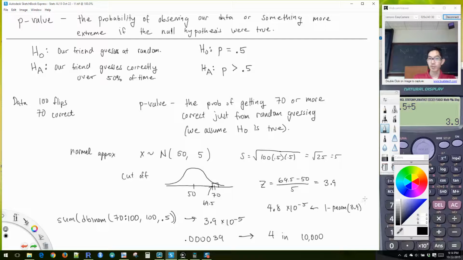Okay. All right, and so in this case, technically it's still possible, but because it is so unlikely for him to get 70 or more correct just from random guessing, we are going to accept his claim that he's able to guess correctly over 50% of the time.